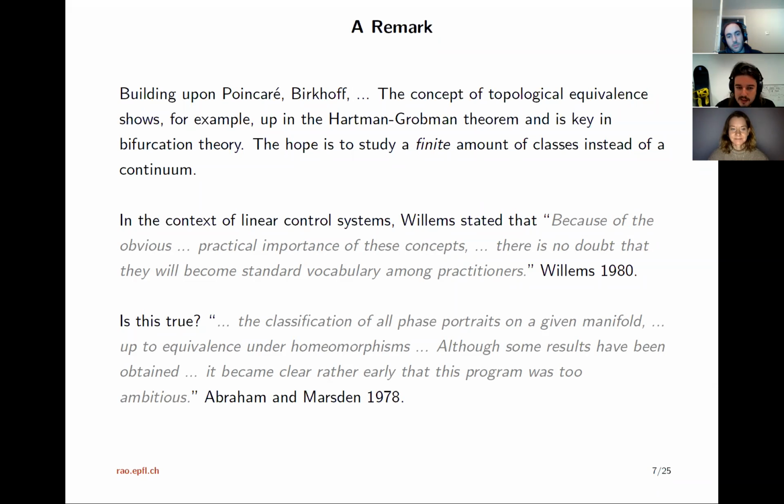So people looked at classifications around equilibrium or fixed points to make it a bit more tangible. So yeah, what's the point now? Is it still a nice field? Should we continue with this? Well, I hope that today I give you a very simple example where we see that indeed this topological classification is still doable and gives us some really, I would say, nice insights.